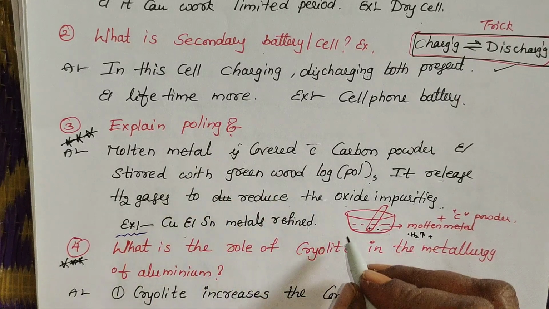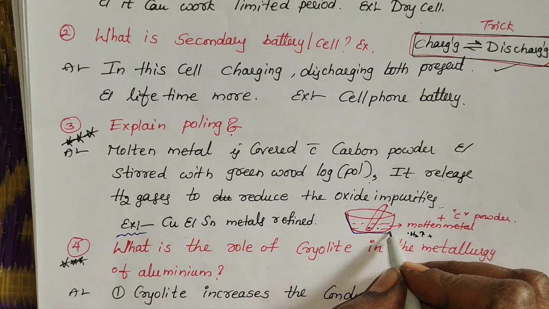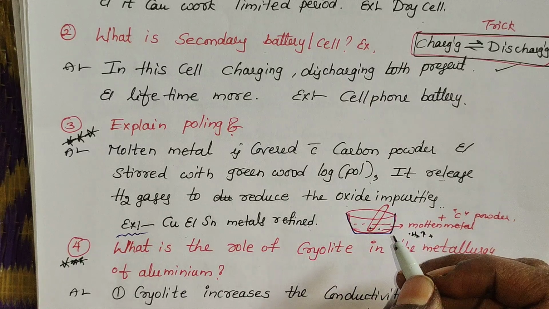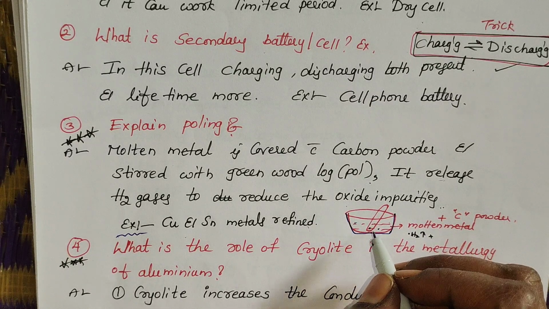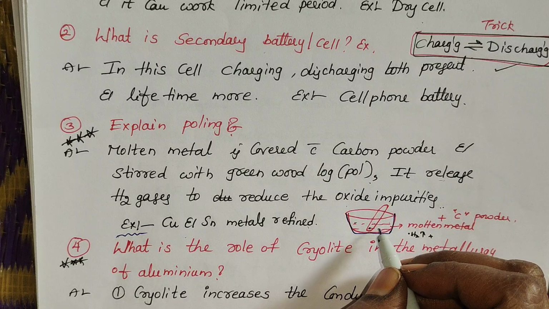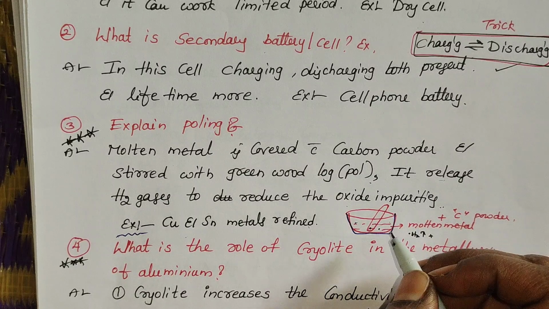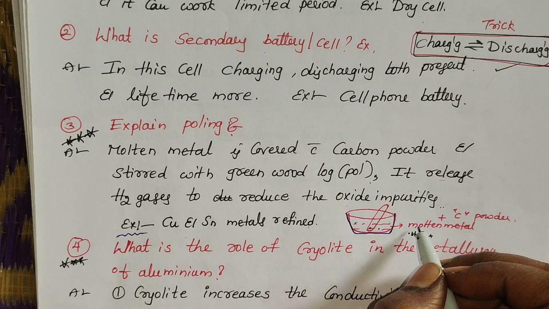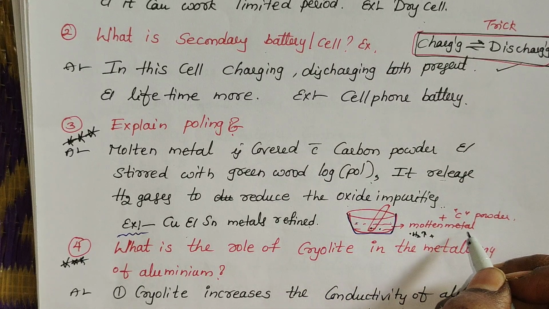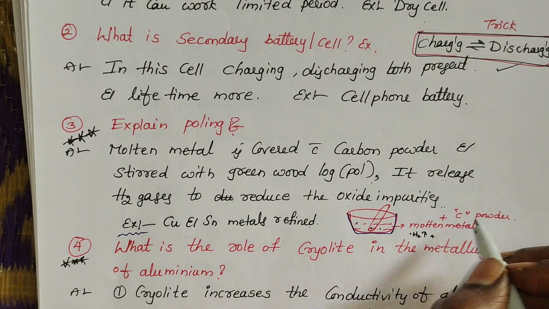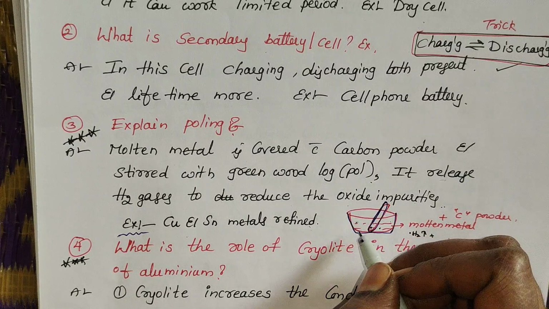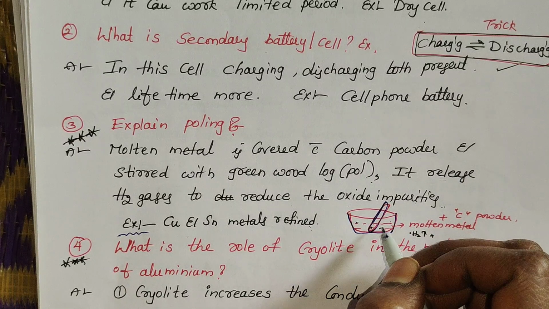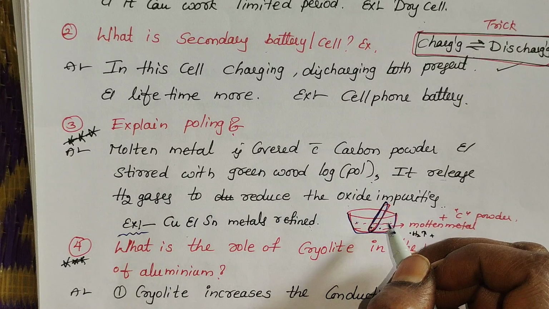In this process, you have to imagine it in a container. The molten metal is present not in solid form but in melted condition, just like melted chocolate. That kind of molten metal is added with the carbon powder. This is stirred with the green wood log, nothing but a freshly cut wood log.